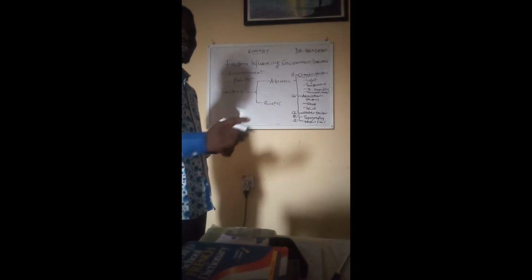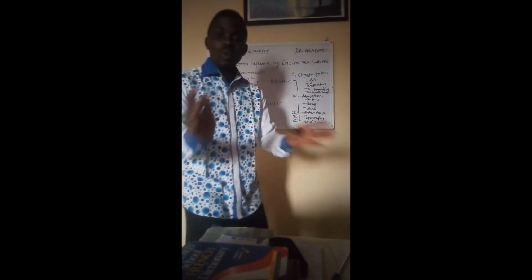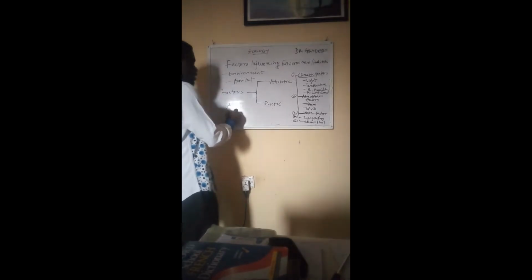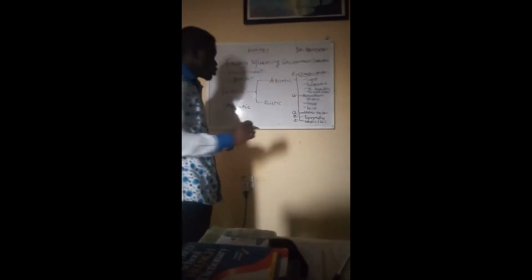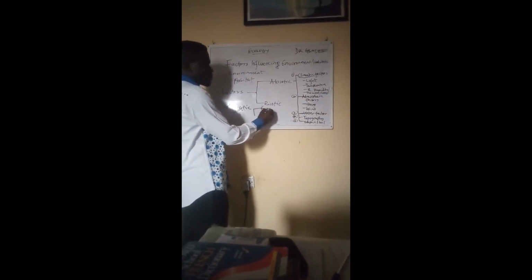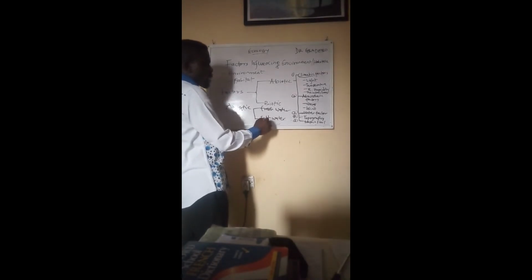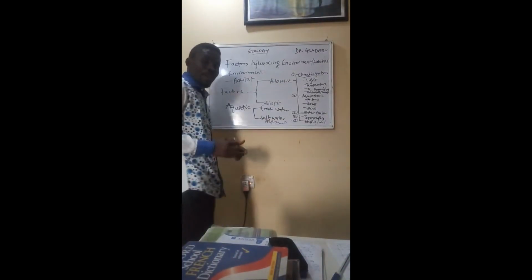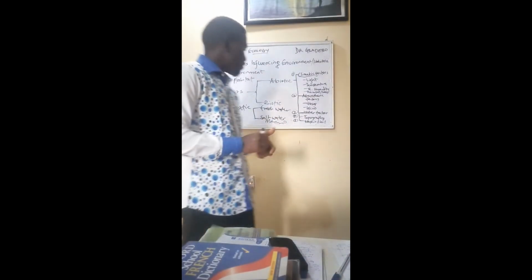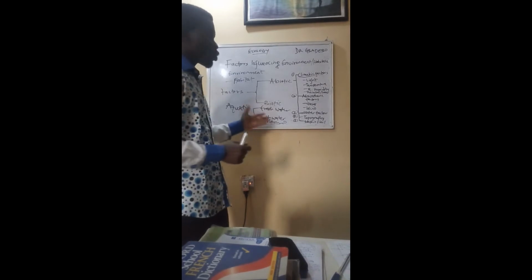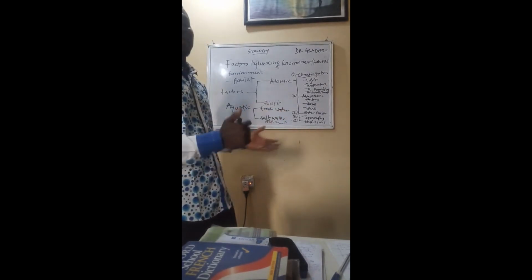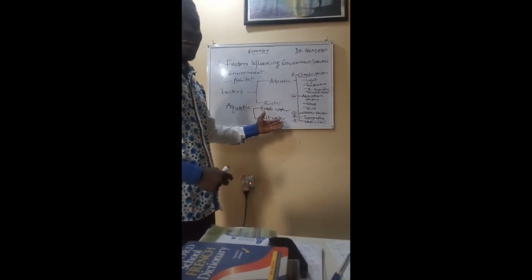Based on salinity, the aquatic habitat is divided into freshwater and saltwater or marine water. Freshwater habitats are habitats with low salt content, while marine or saltwater habitats are habitats with very high salt content.